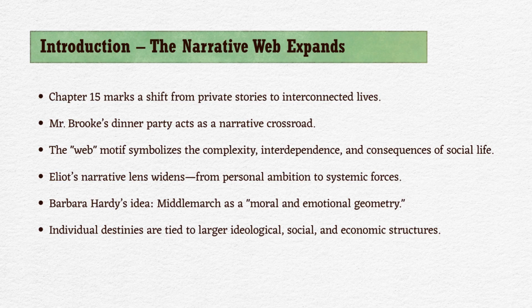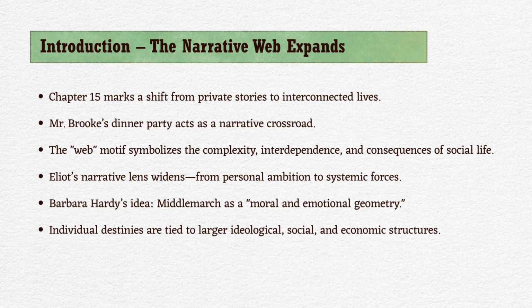It's a way of telling us that character is not just internal, it's systemic. And this matters because from here onward, the novel stops being about one storyline and becomes a moral and emotional network, something that Barbara Hardy beautifully calls the geometry of Middlemarch. We'll now see how individual destinies are inseparable from the ideological and economic structures they live within.